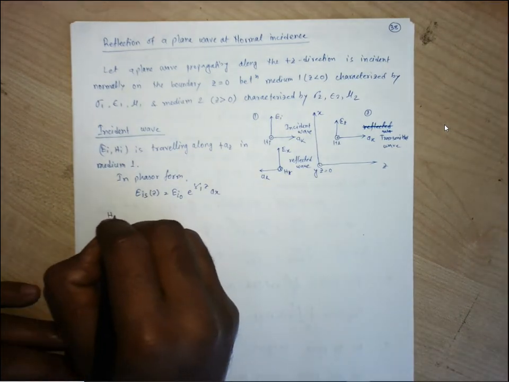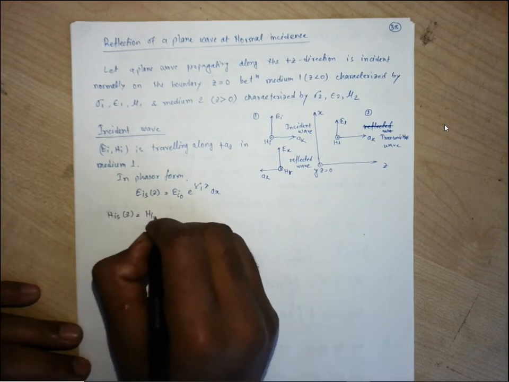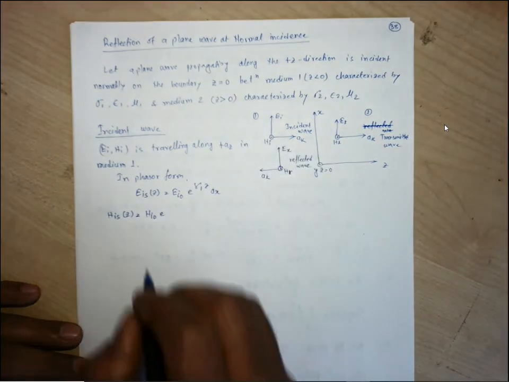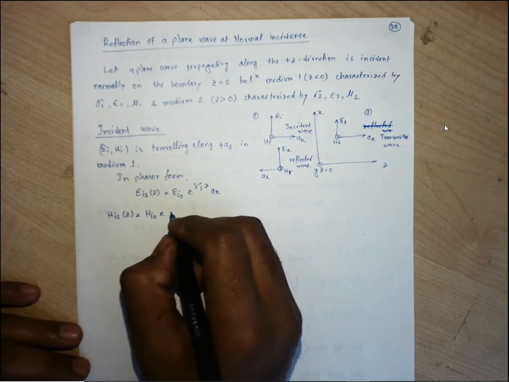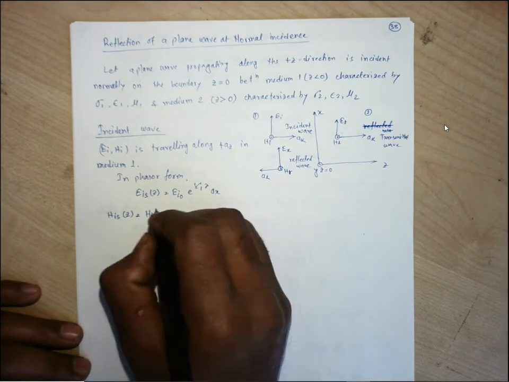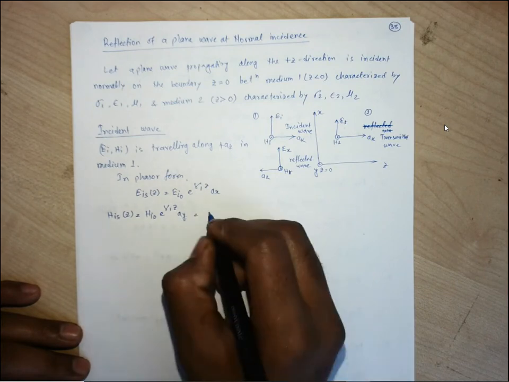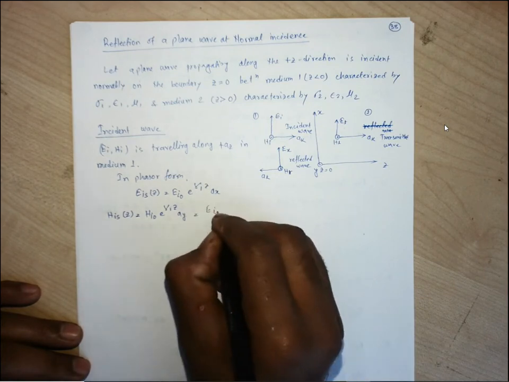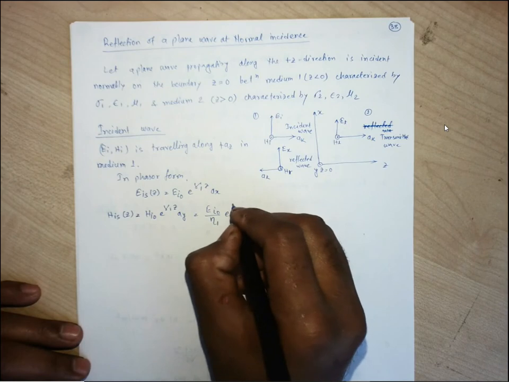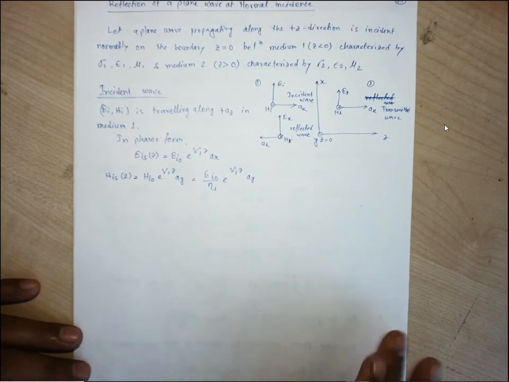Then the magnetic field HIS(z) equals EI0 over eta 1, e to the power minus gamma 1 z, along ay, where eta 1 is the intrinsic impedance in medium 1.